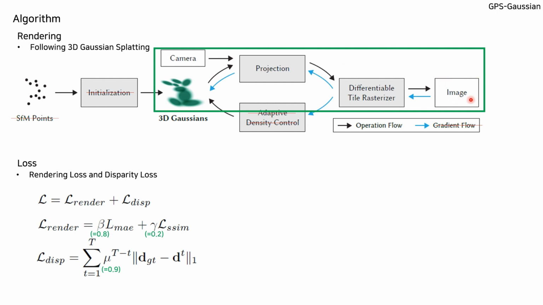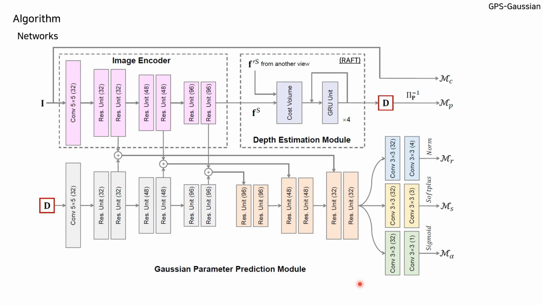The difference between this rendered image and the GT-RGB image is calculated to update the loss. This section describes the rendering loss, including L1 loss, to which SSIM loss is added at a certain ratio for calculation. Depth information also calculates disparity loss using GT values to assess the difference with the predicted depth. These losses are combined to simultaneously train 2 networks.